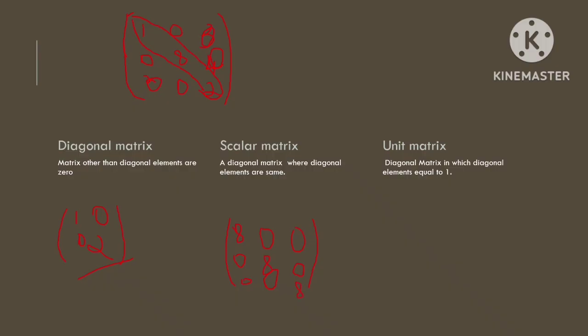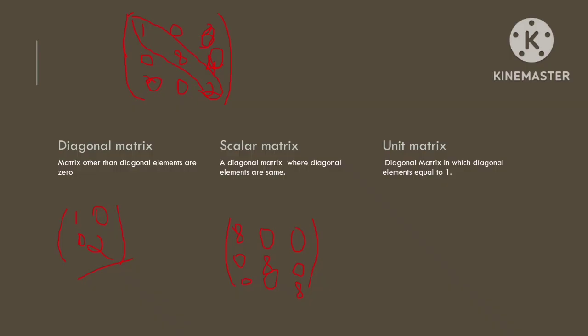Here, it is also a diagonal matrix. Why? Because except diagonal elements, all the other elements are 0, right? And diagonal elements are equal, 8, 8, 8, or else any other number, 4, 4, 4. Diagonal elements should be the same. Clear? This is known as a scalar matrix.